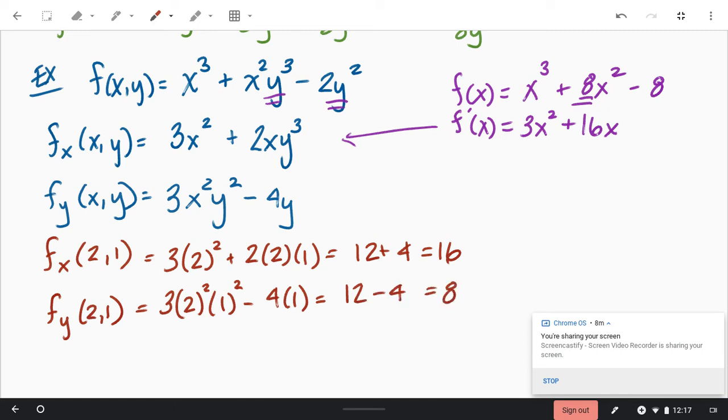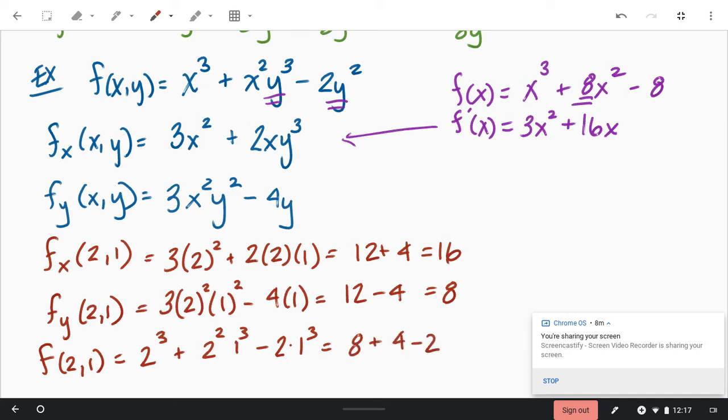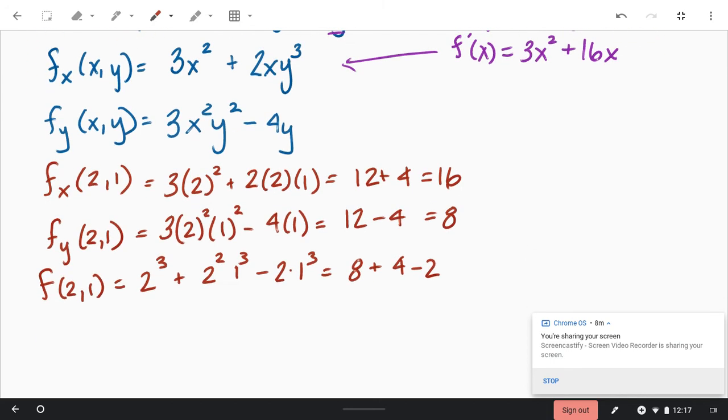I'm actually going to do the function itself at (2, 1). That'd be 2 cubed plus 2 squared times 1 cubed, minus 2 times 1 cubed. So you'd have 8 plus 4 minus 2, which would be 10.